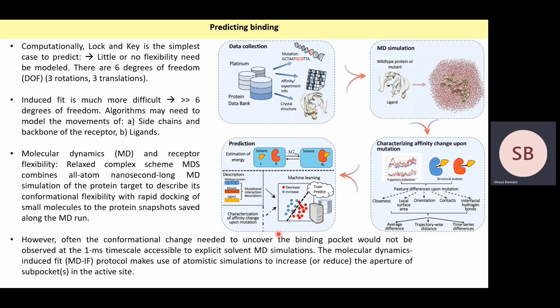However, often the conformation change needed to uncover the binding pocket would not be observed at the 1 millisecond timescale accessible to explicit solvent molecular dynamics simulation. So in that case, what is done? The molecular dynamics induced fit protocol makes use of atomistic simulations to increase or reduce the aperture of subpocket in the active site.